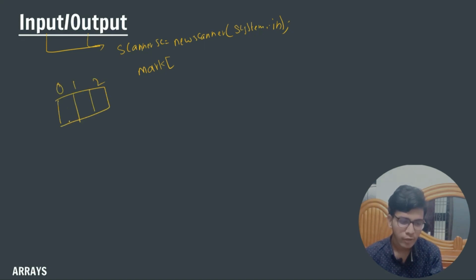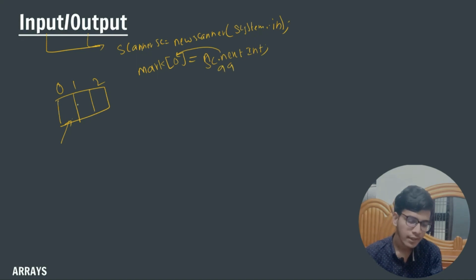If I want to give input to my first element, then I am going to write marks of 0 is equals to sc dot nextInt. So whatever value is provided by the user will get assigned in this variable. If I give 99, then in the place of 0th index, that is our first element, 99 will get stored. So this is how we will give input to our user.